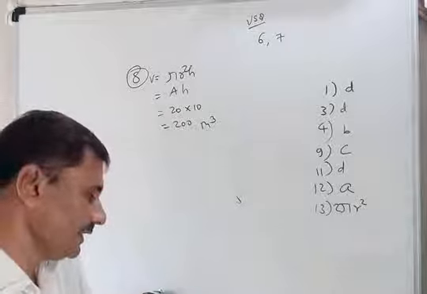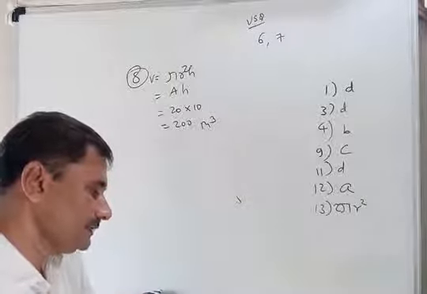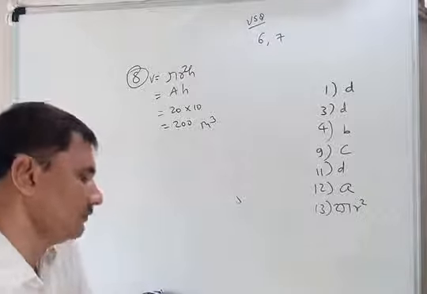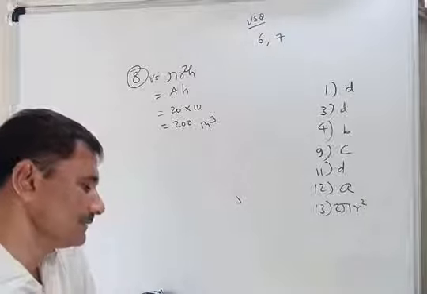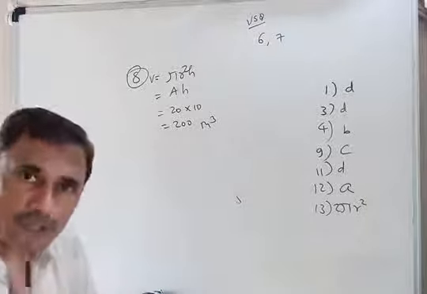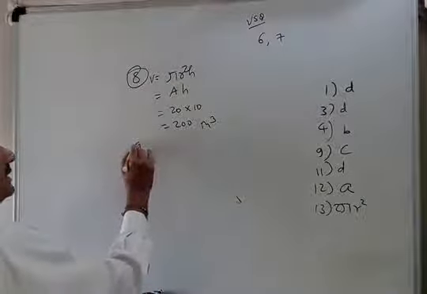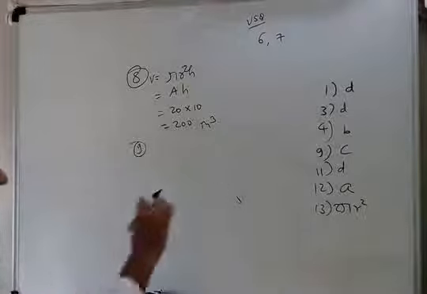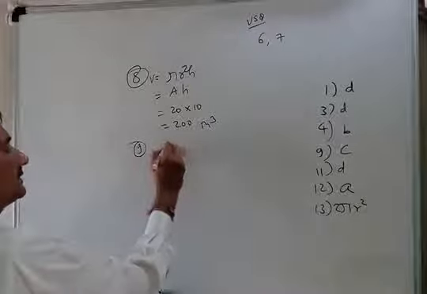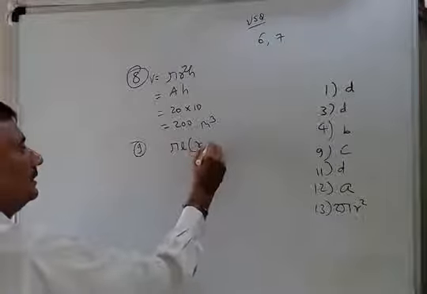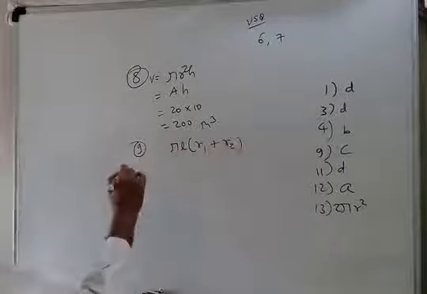Same way, number 9. Curved surface area of a frustum of a cone in terms of perimeter. We already used that formula in question number 2 of 13.4. The frustum of a cone's formula is pi L (R1 plus R2). We derived it.